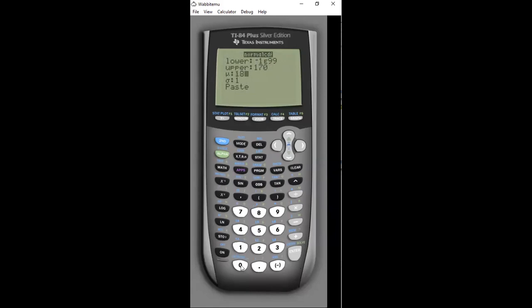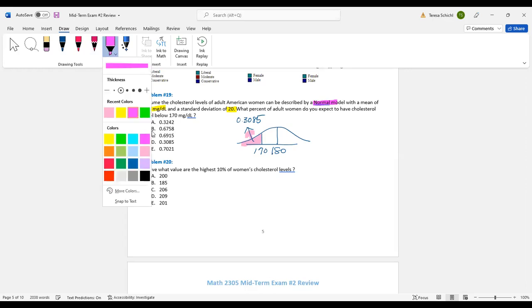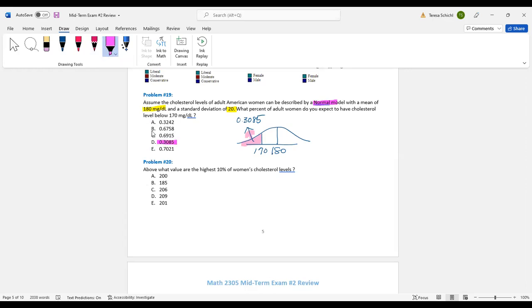My mean is 180. Sigma is 20. Then you paste, and it's 0.3085. So the answer here will be D.